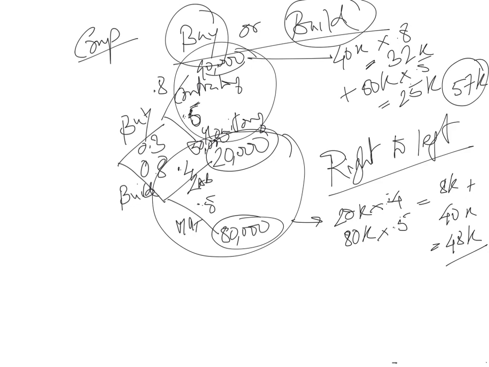So if you go for a buy, your likely costs might be 57,000. If you go for a build, your likely costs are going to be 48,000.